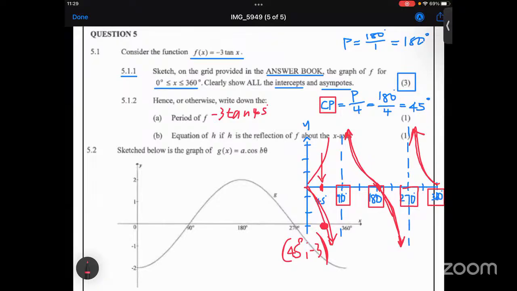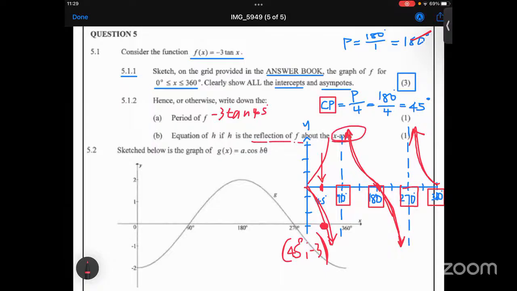Now 5.1.2, they want you to find the period of f. We've just calculated it. It should be that one. Then: find the equation of h if h is the reflection of f about the x-axis.